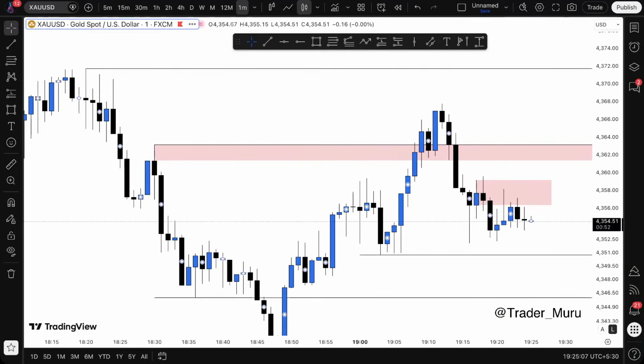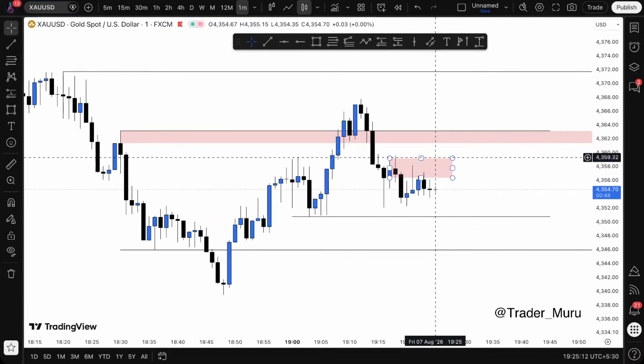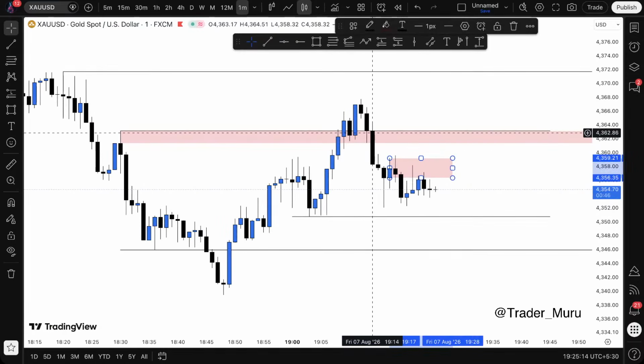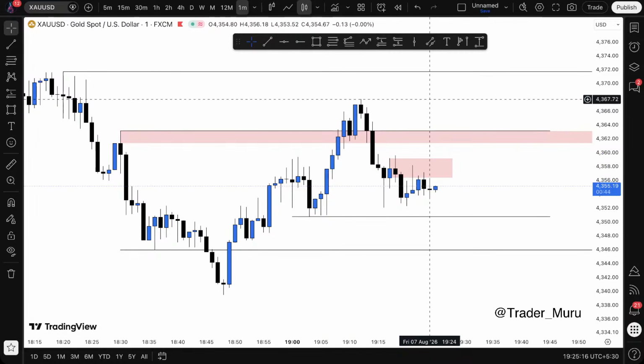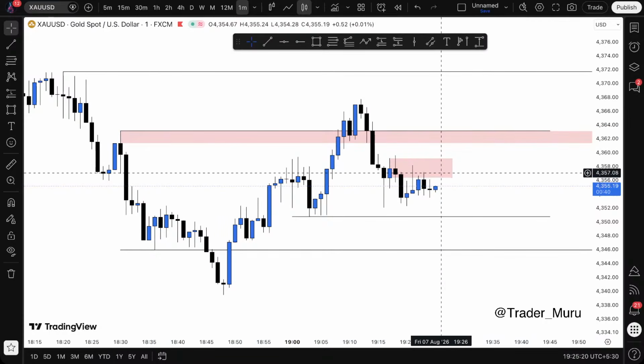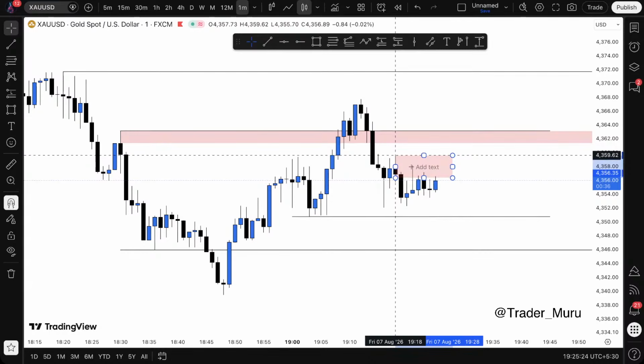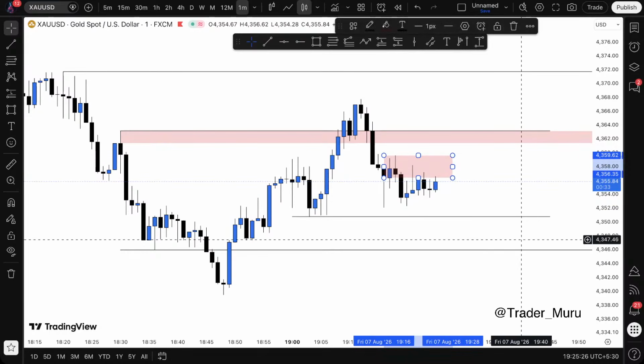1 minute high risk entry in gold. Stop loss should be above this high. Maybe sweep, test this area, again drop. We already have one rejection. So if this area holds, price can drop.